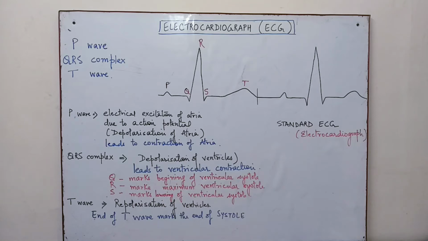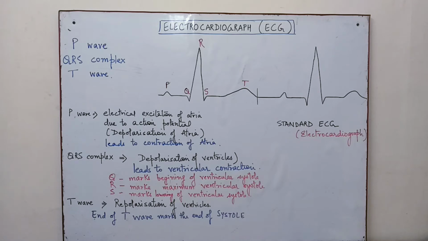Now, when an ECG is taken, a patient is connected to a machine, and these machines have the electrical leads. Out of the three leads, one, two each are connected. One is connected to each of the wrist, and the second lead is connected to the left ankle.